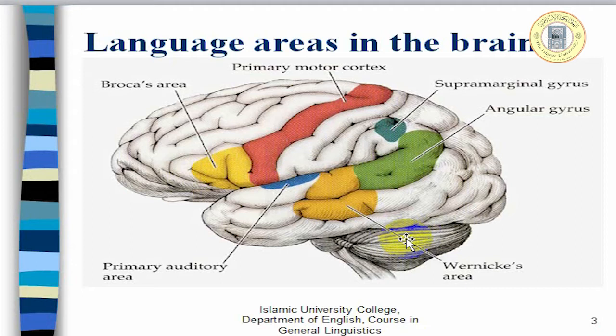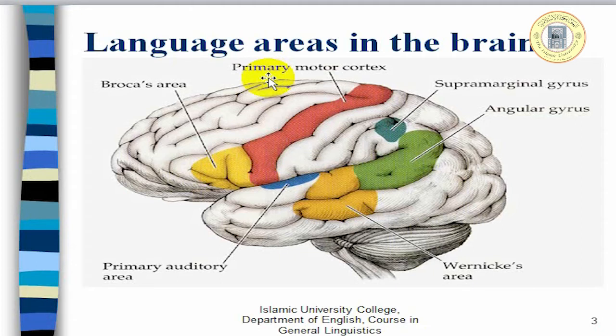Now, let's talk about this area, which is almost red, which is called the primary motor cortex. This is an area that generally controls movement of the muscles, all muscles in the body, among these muscles moving hands, feet, arms, and so on.